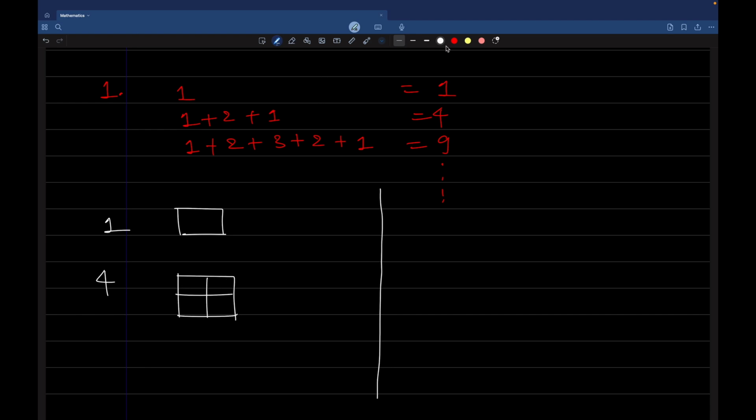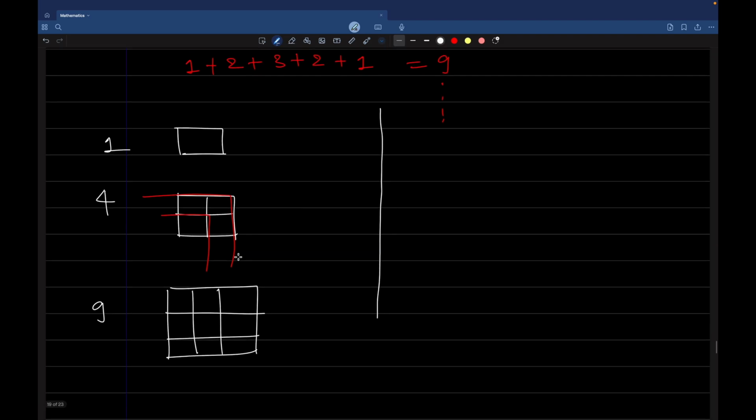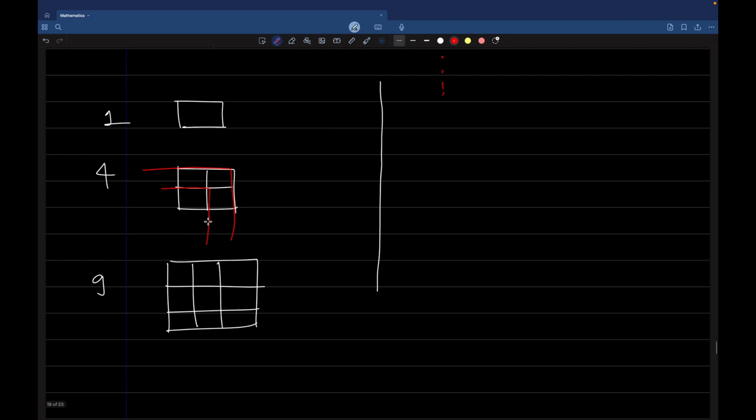If we divide this box in some pattern, we will get this 1 plus 3. Now let us draw for 9, that is 3 square. What we get is 1 box plus 3 boxes plus 5 boxes.